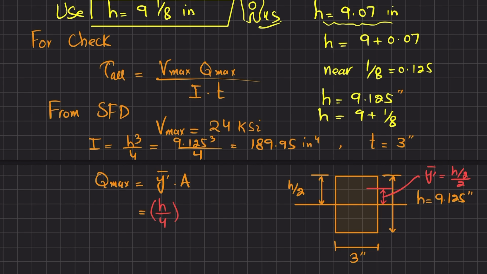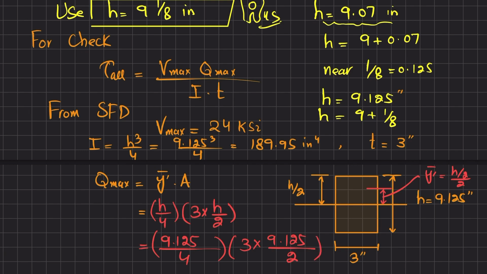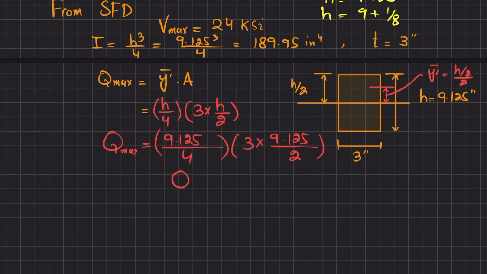Area of this cross section is equal to 3 into h by 2. So I will write 3 into h by 2. So h is 9.125 divided by 4 multiply by 3 multiply by 9.125 divided by 2. So when you calculate, you will get Q max will be equal to 31.22 cubic inch.